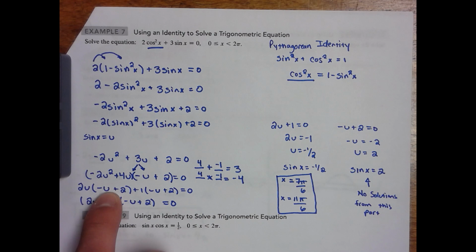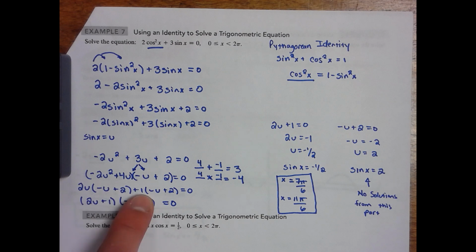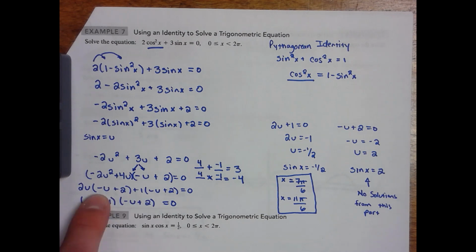So for the second grouping, I'm still taking out a common factor, but that common factor is just a positive 1. And that positive 1 is what helps me when I actually go to factor. When I take out the negative u plus 2, that second factor is 2u plus 1, not just 2u. Okay, that 2u plus 1.